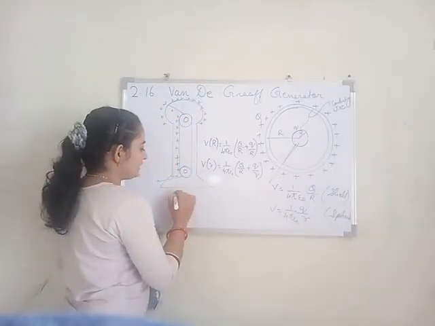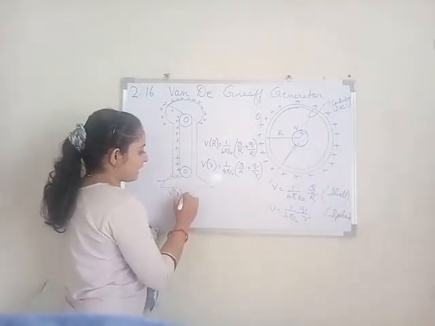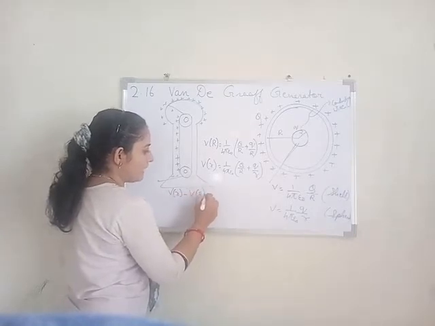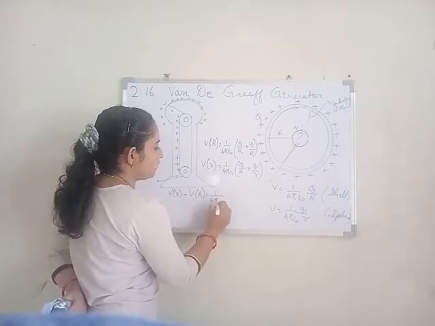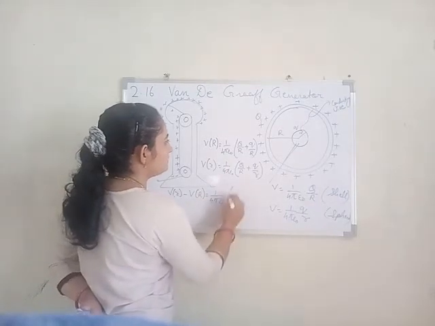Now we will take the difference. V of small r minus V of capital R will be equal to 1 upon 4 pi epsilon 0.